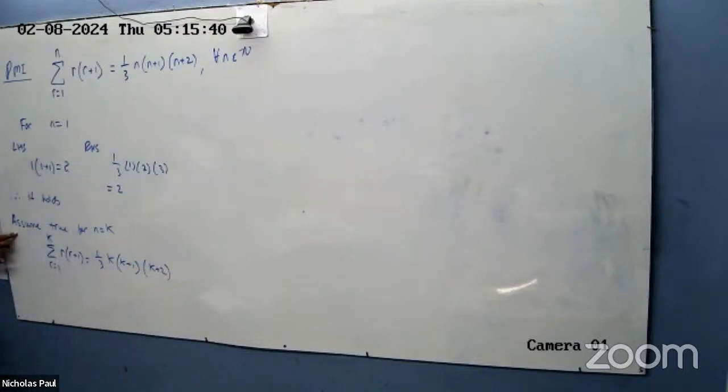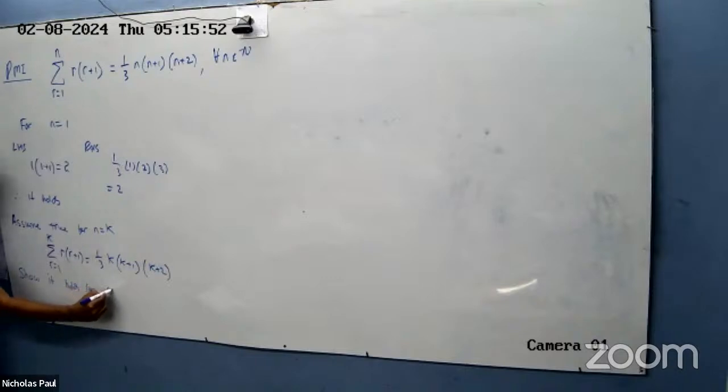Okay, that's the statement that we have to assume is true, and then we have to now show it holds for n equal to k plus 1.